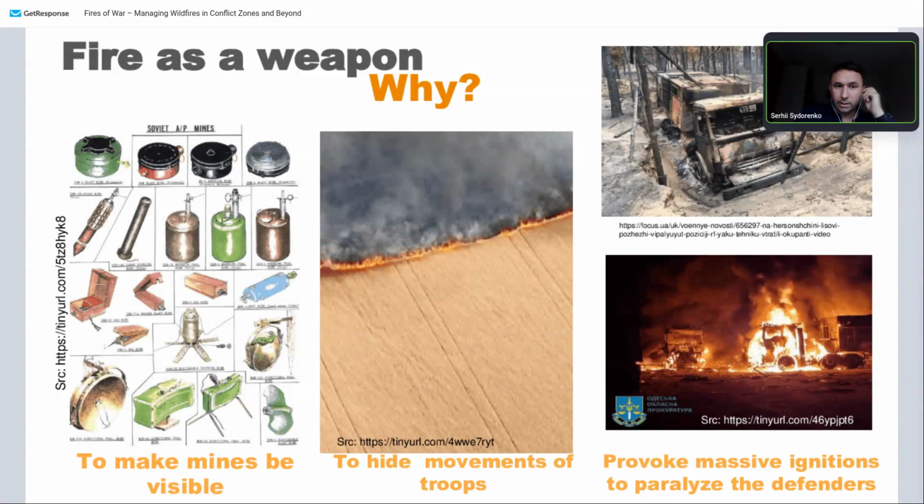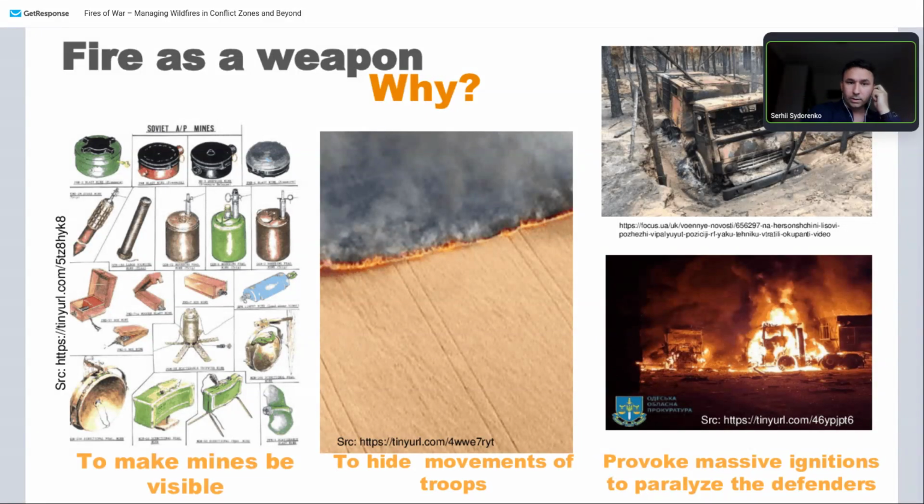But in reality, it does not work that way. Only some of the mines detonate, while others just become more unstable. So it is not a panacea and not a cure for mining, let's say. It doesn't eliminate all of them, but at least it makes them more visible.